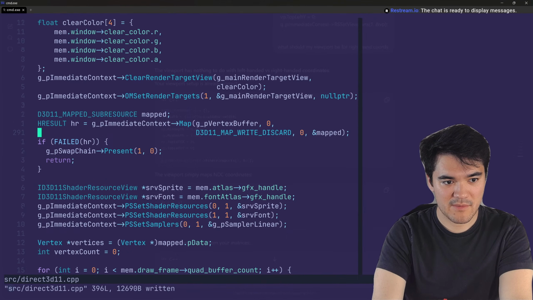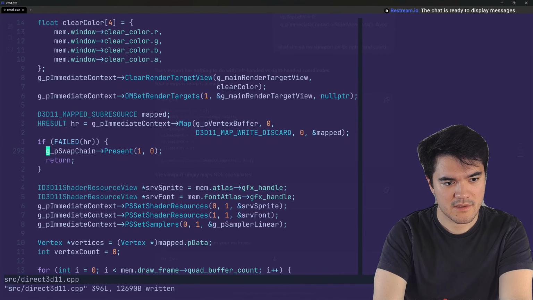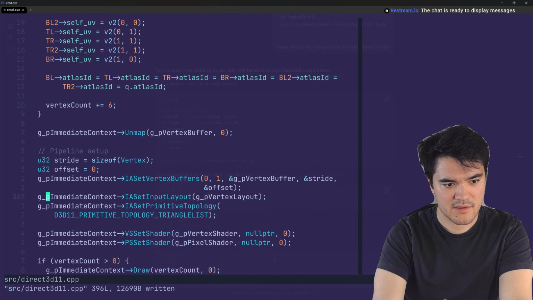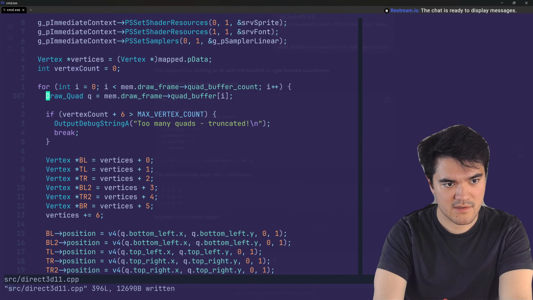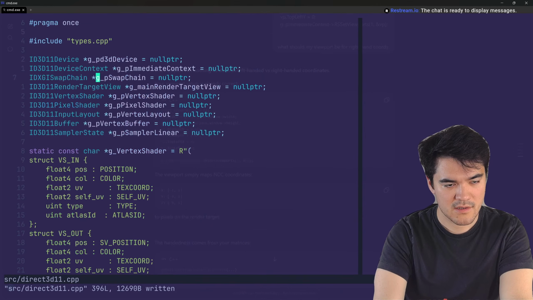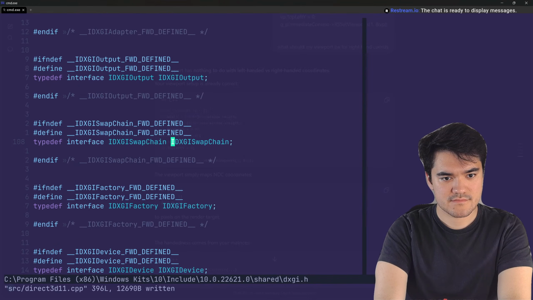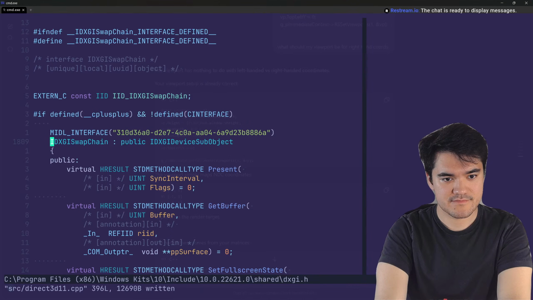Okay, so let's see. So yeah, we mapped the V buffer. Wait, what? Why is that present call there? That seems odd to me. Oh Lord. Present sync interval flags.